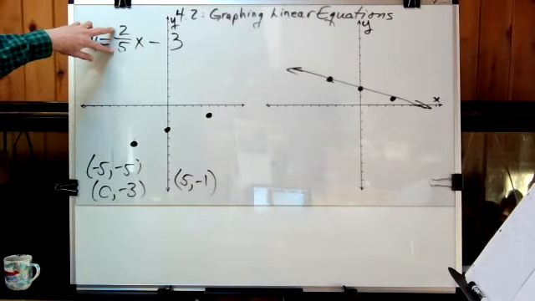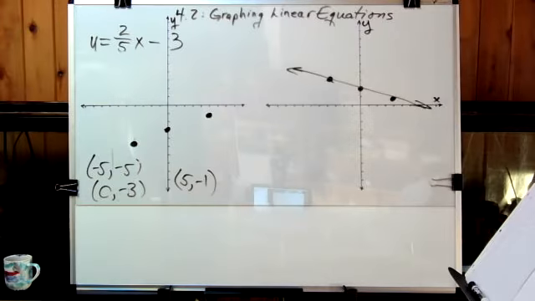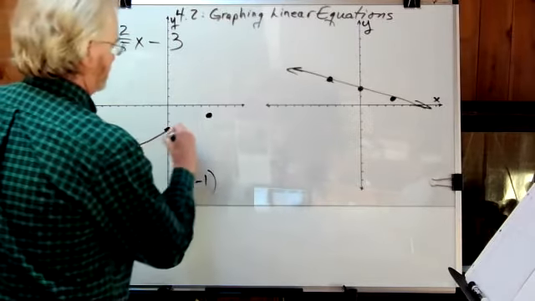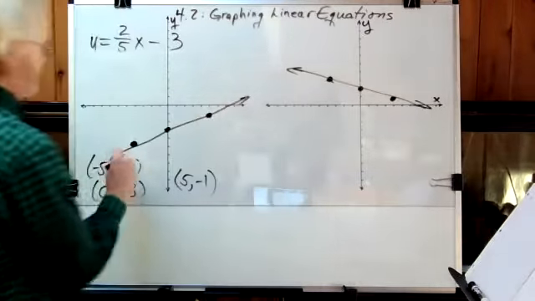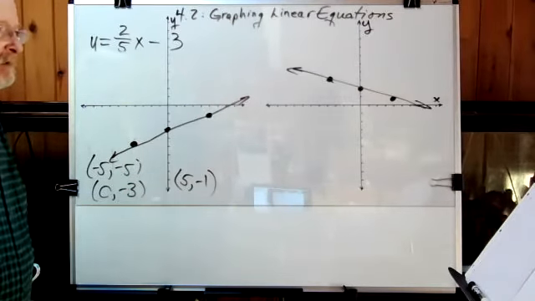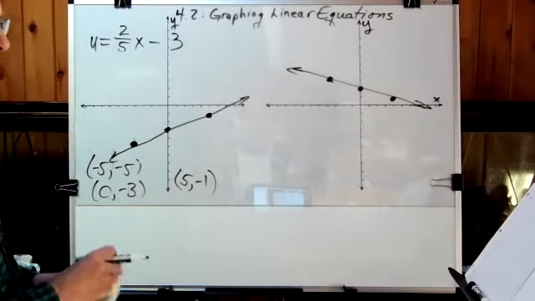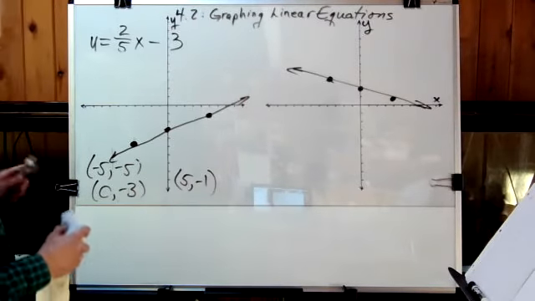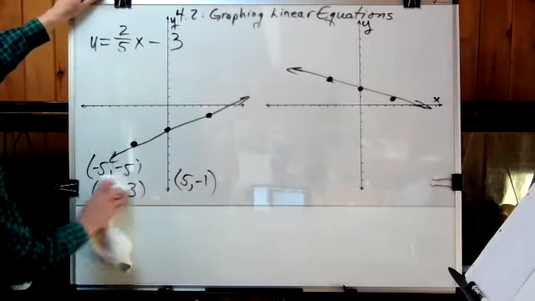Again, it's still less than 1, but it's positive, so it's going to be a kind of shallow slope. I missed. I didn't get my ruler out. Okay. There it goes.